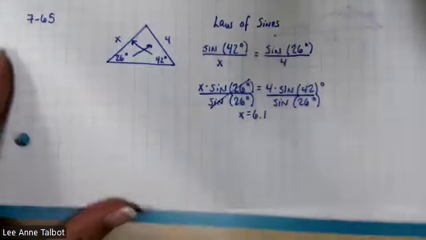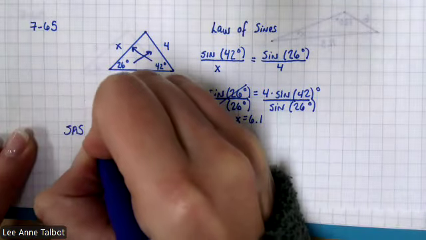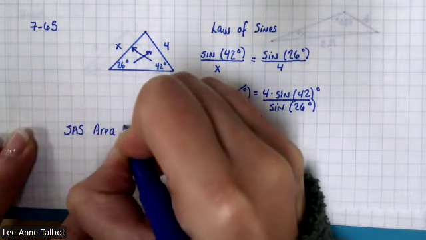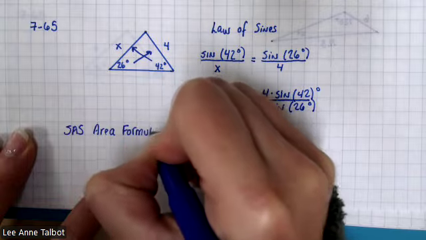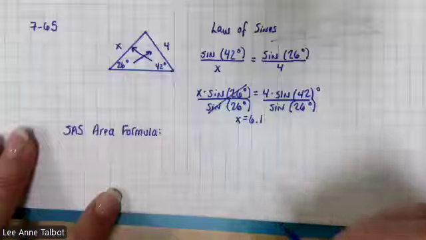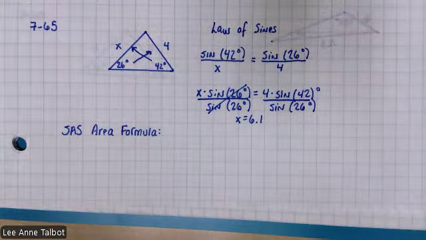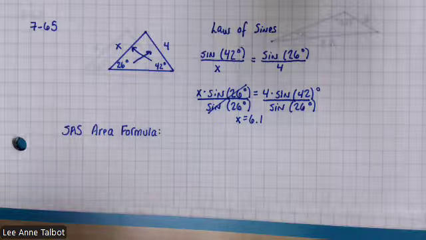Okay, now I'm going to show you something called the side angle side area formula. Nope. But you will need to identify if a triangle has two sides and the angle between labeled.